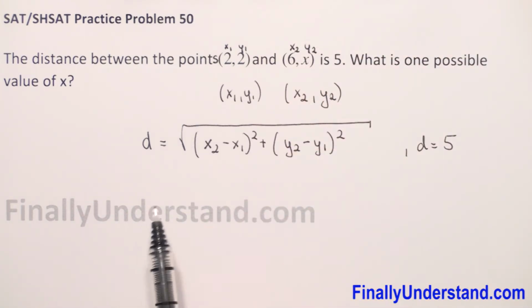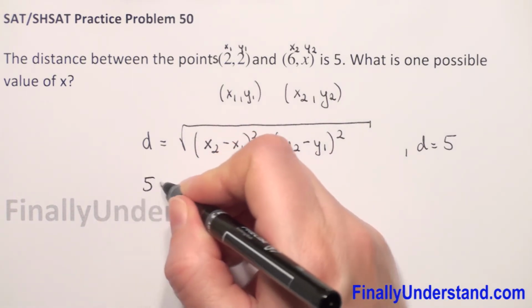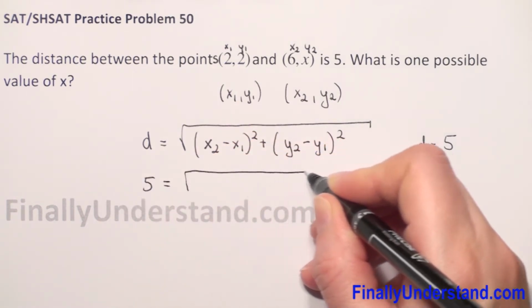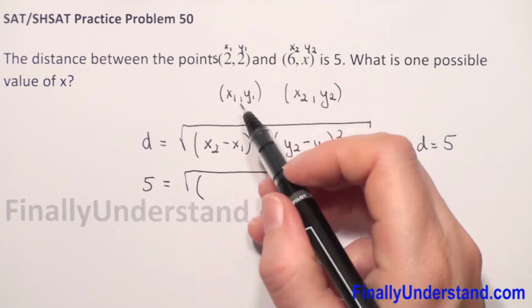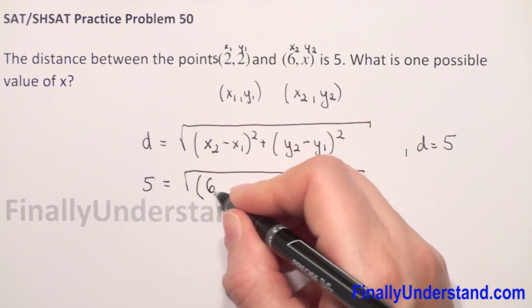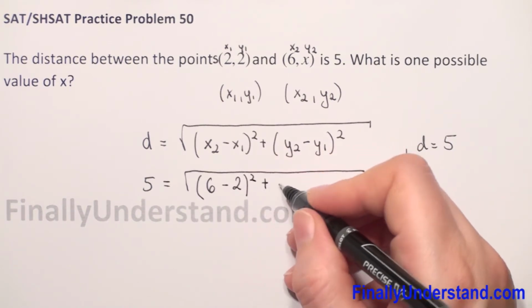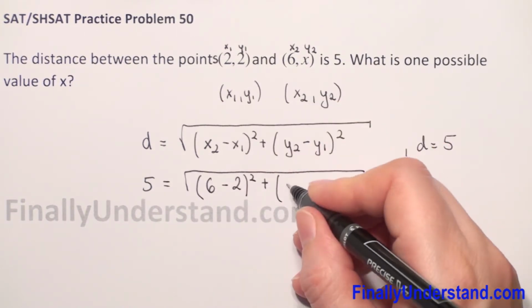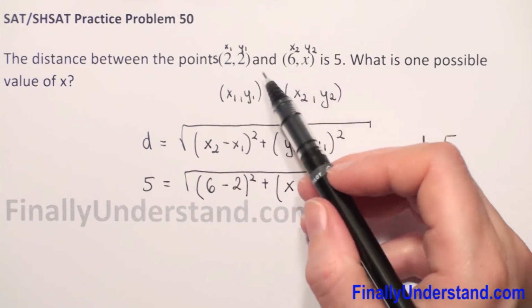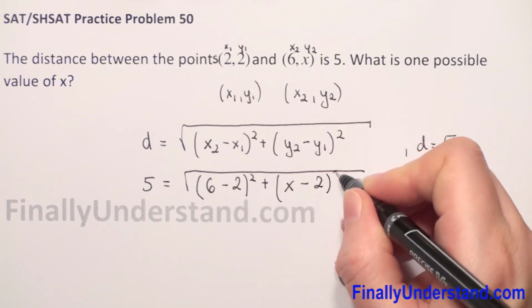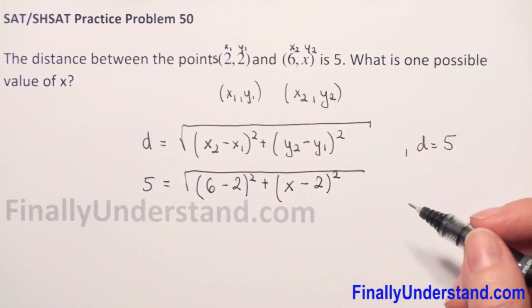So let's substitute d by 5, and we have the square root of, and in parentheses x2 is 6 minus x1 is 2 to the second power plus y2 is x, so we copy, minus y1 is 2 to the second power. So what else can we do?